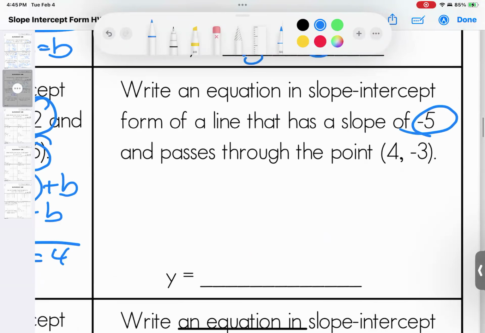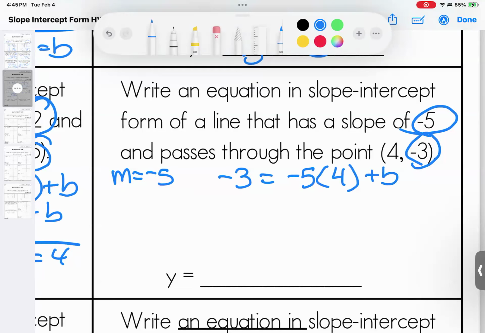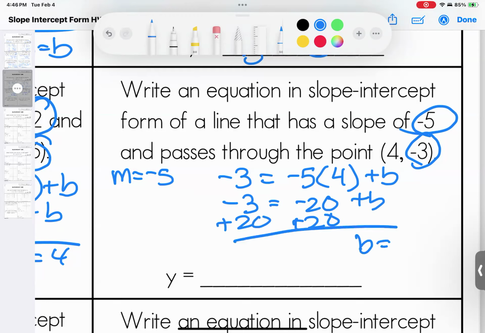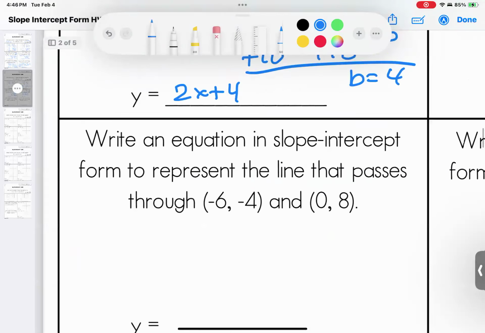All right, my slope, y equals mx plus b. -3 is equal to -20 plus b. Add your 20 to both sides. B is equal to 17. Y is equal to mx plus b.